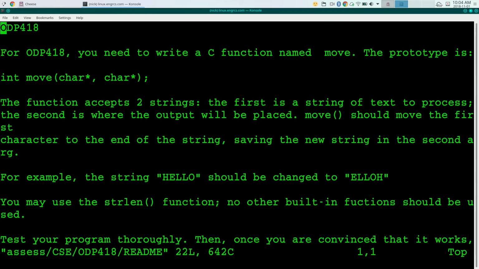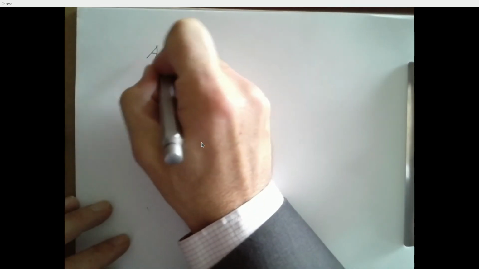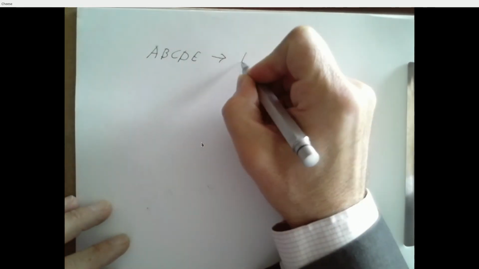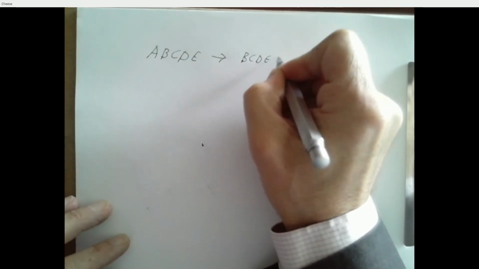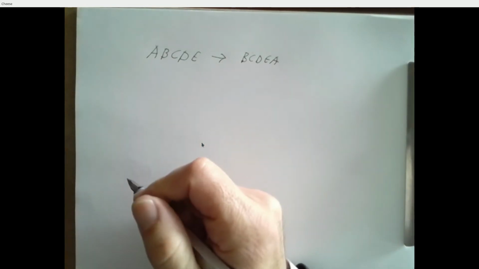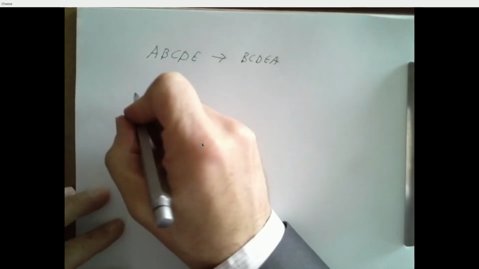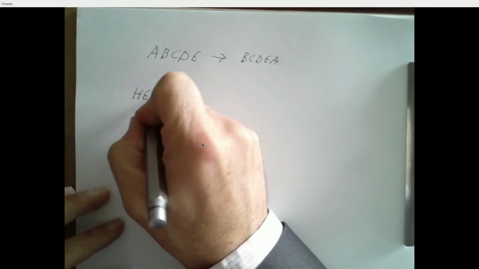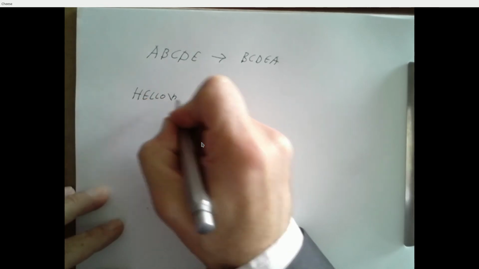All right, so 418, you're taking a string and you're moving the first character to the end. So if your string is A, B, C, D, E, it should get turned into B, C, D, E, A. And one caveat, when you're testing this and you're using fgets, and you say hello, enter, your string is actually HELLO with a new line.